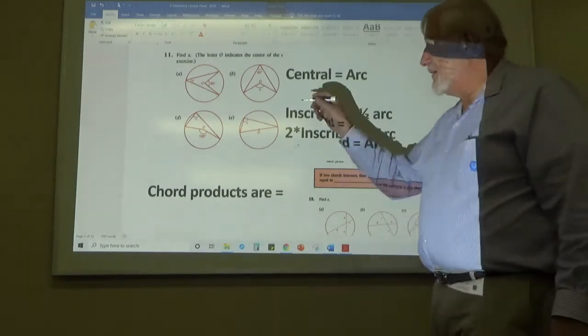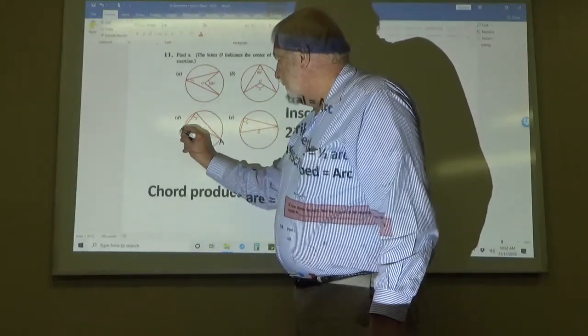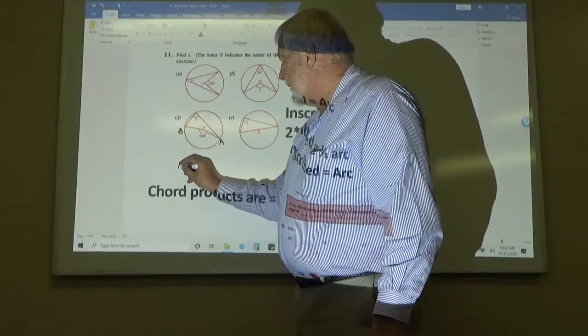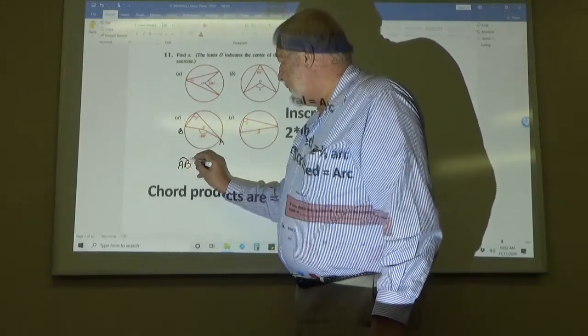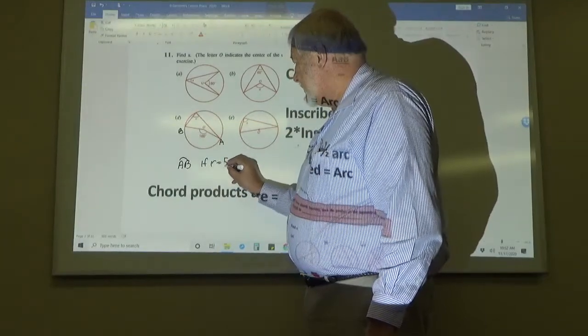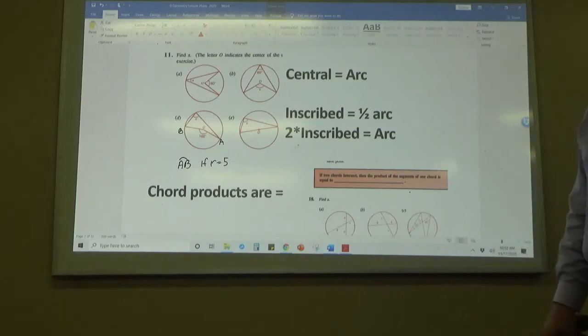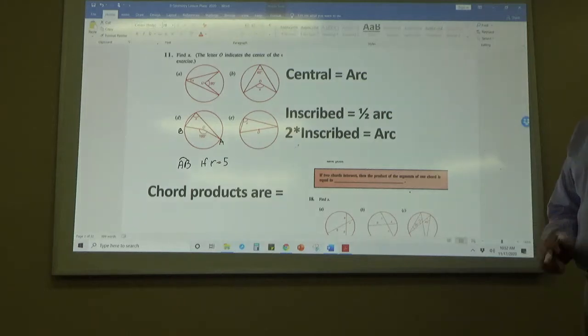Okay? Now, let me ask you this. I want to know what is the arc from A to B if the radius of that circle is 5? Now I'm going back to the first thing I showed you. So what do you know in proportions?